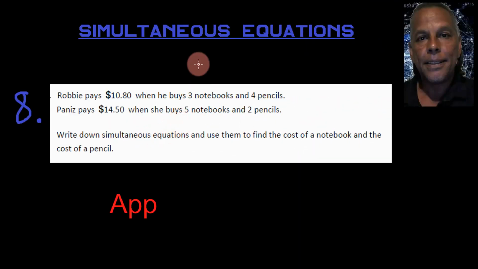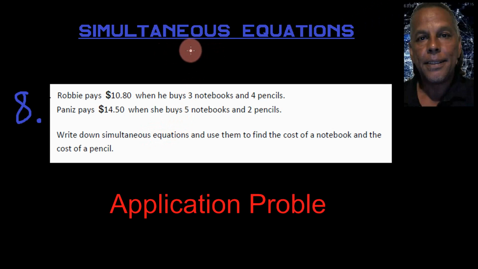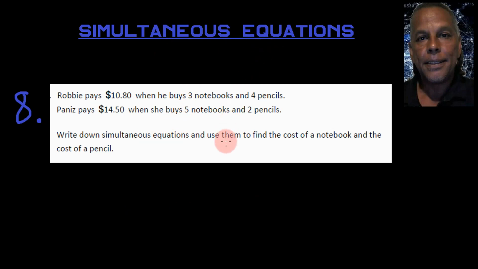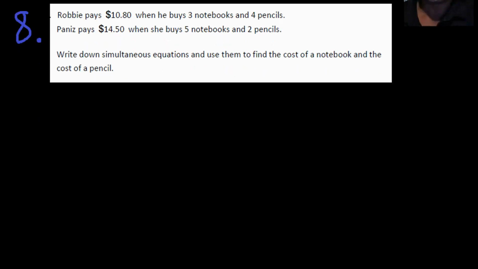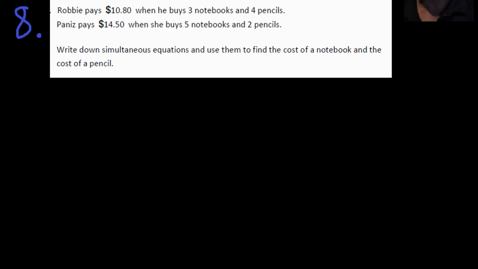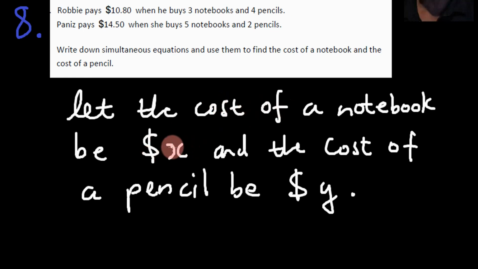Now, when we solve application problems for simultaneous equations, we always let what we are looking for be x and y. In this case, we're looking for the cost of a notebook and the cost of a pencil. So we can let the cost of a notebook be x dollars and the cost of a pencil be y dollars.